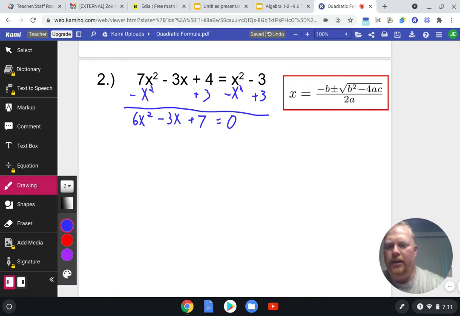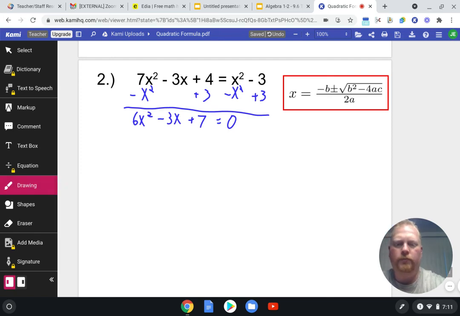So let me change colors here. The discriminant, as you should know, is b squared minus 4ac. So I get -3 squared minus 4 times 6 times 7. Okay?